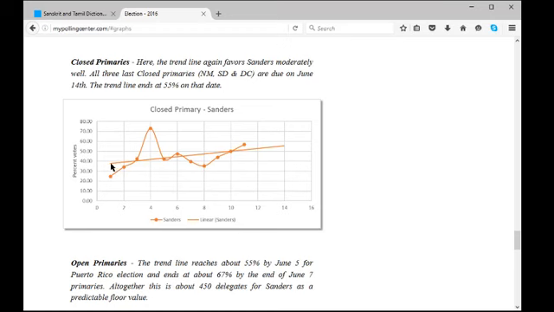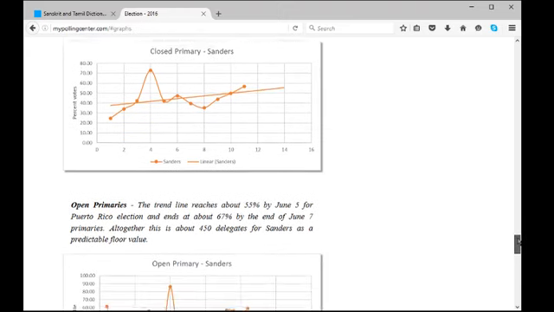The trend was below 30, although his actual score was much lower, like 25. So the trend line is telling about how people's preference is changing. It has been changing towards Sanders and ends up here. This is the closed primary, which means only the members of the party participate in that.